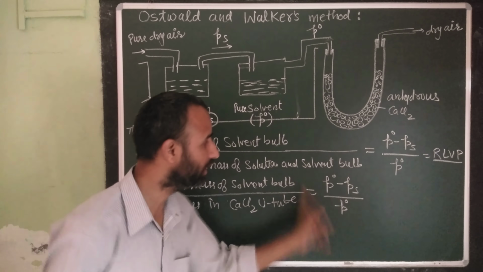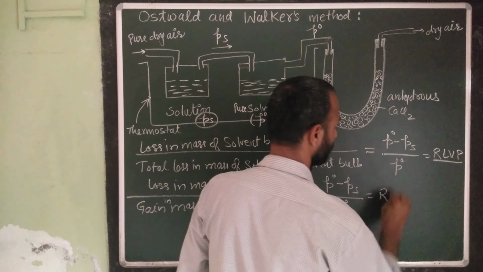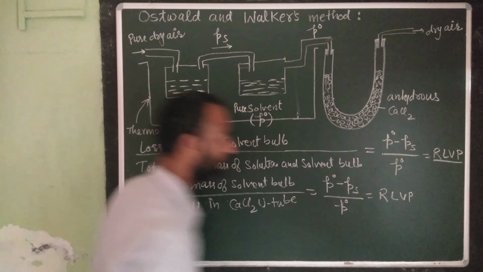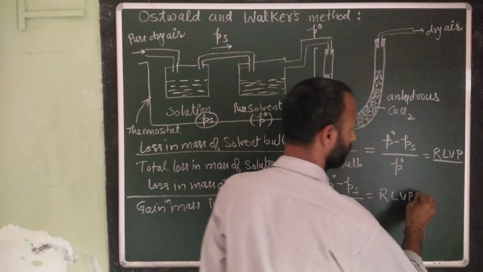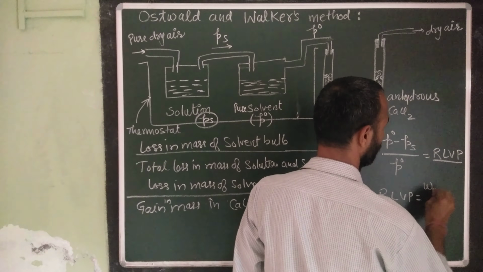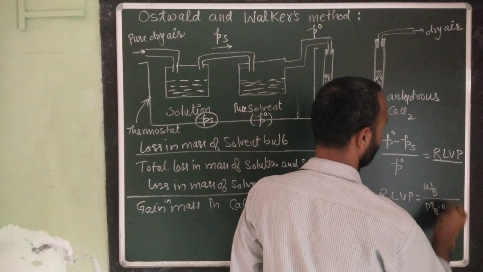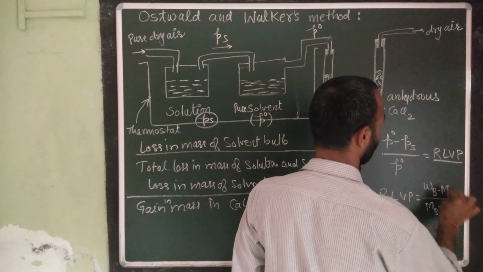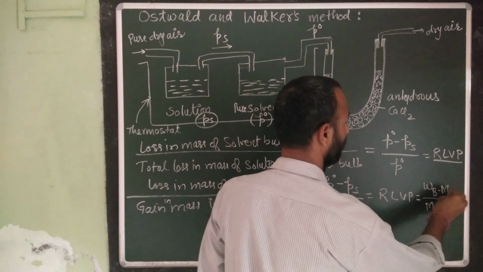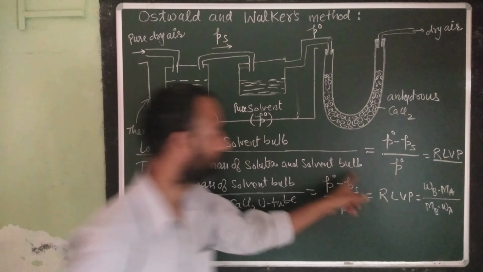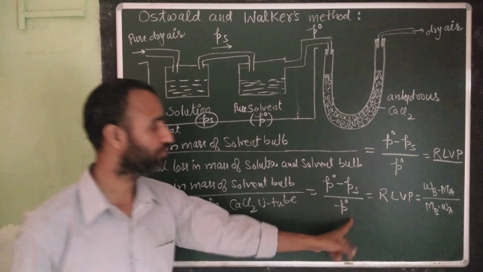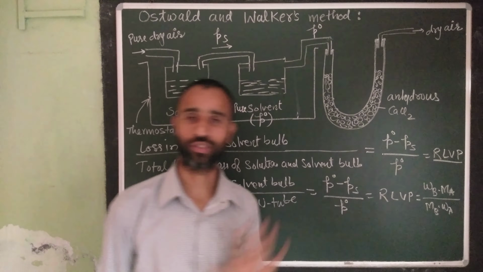When we calculate this relative lowering of vapor pressure, we can apply the formula, that is for dilute solutions it is WB by MB into MA by WA. In this way we can calculate this part, which is equal to this.